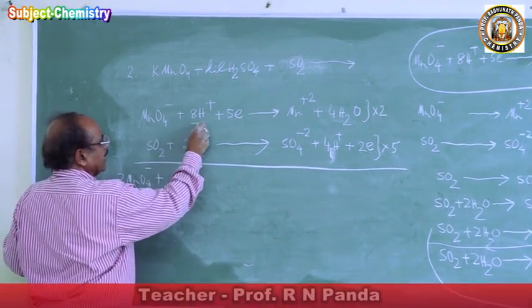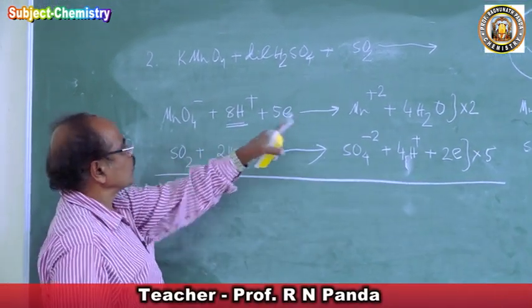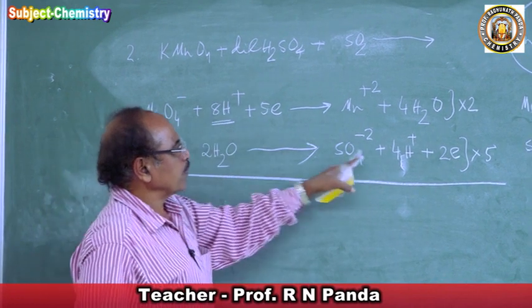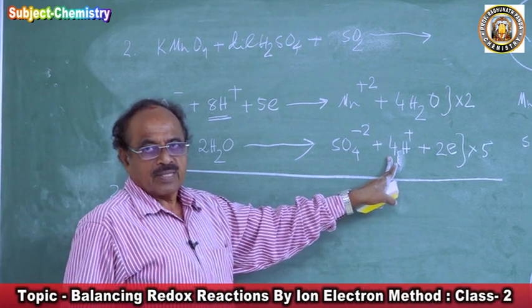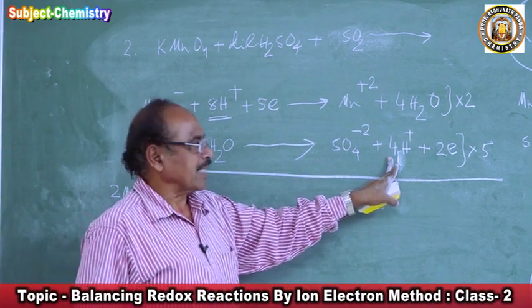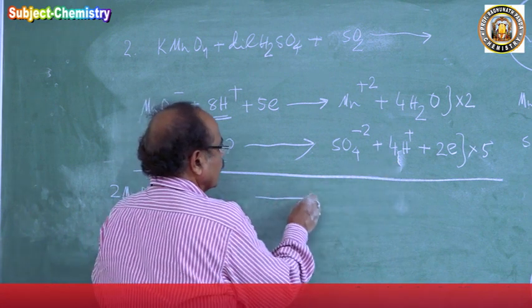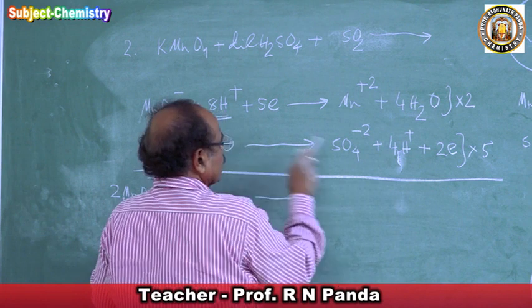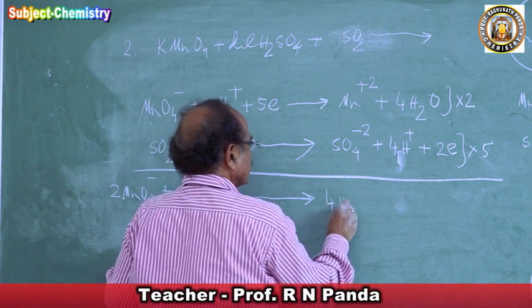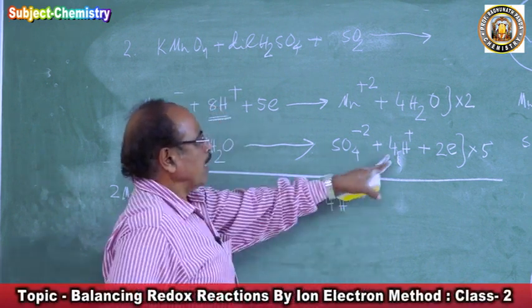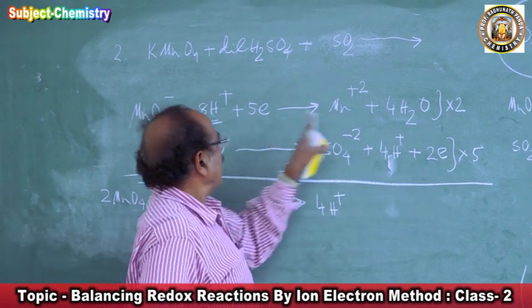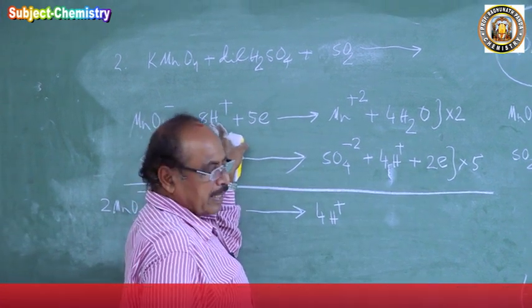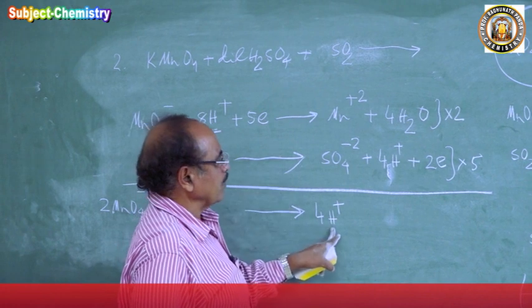See, here you have 8H plus, means 8 into 2, 16. And here you have 20H plus on the right side. So 4 into 5 is 20, and 2 into 8 is 16. So the right side will have 4H plus.